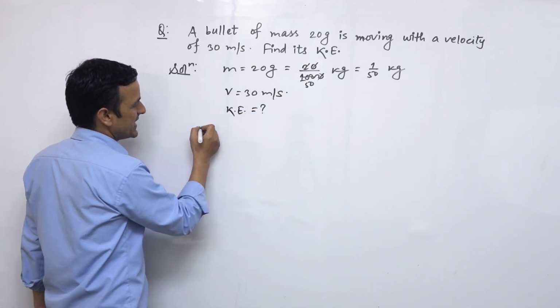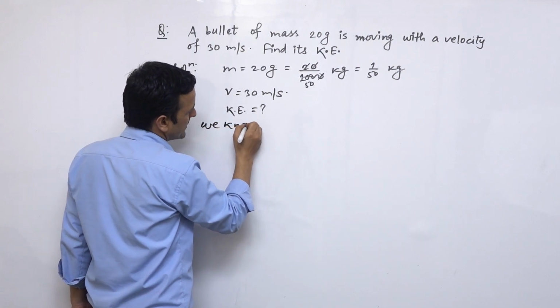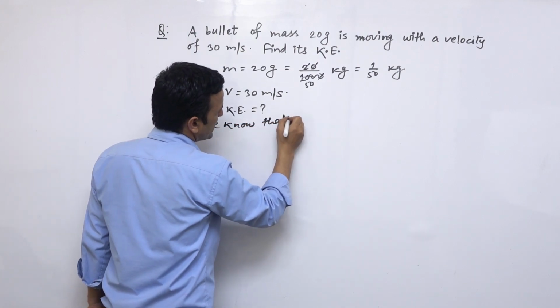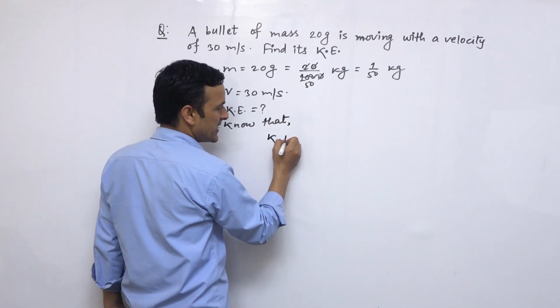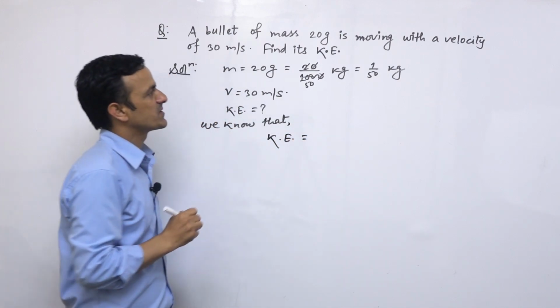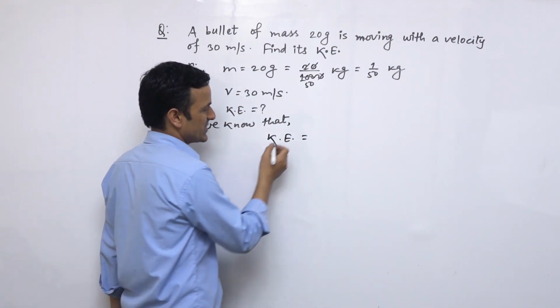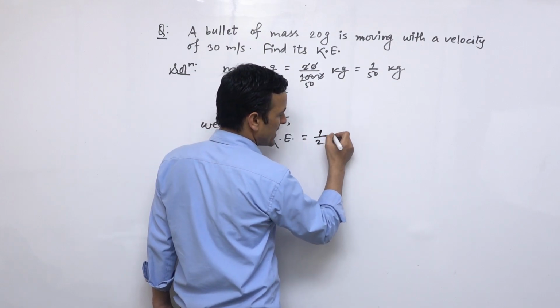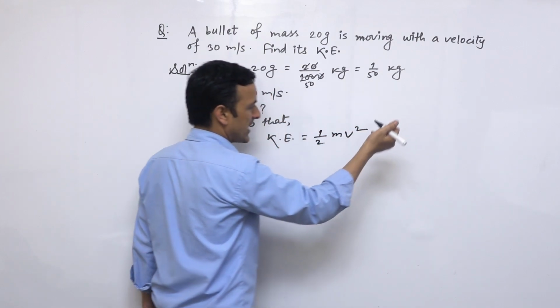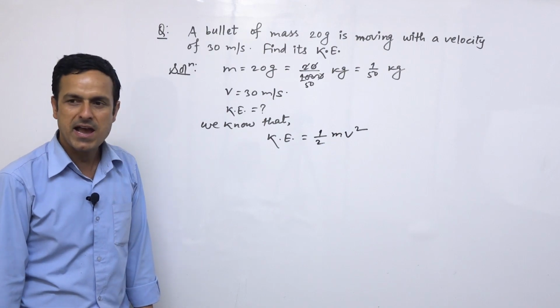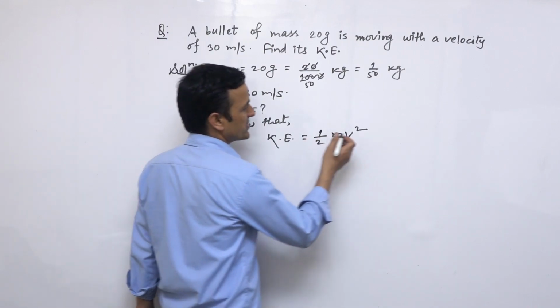So which formula is it? We know how to find the kinetic energy of a body. So KE of this moving body or moving bullet is calculated by using this formula, half into mass into square of the velocity.